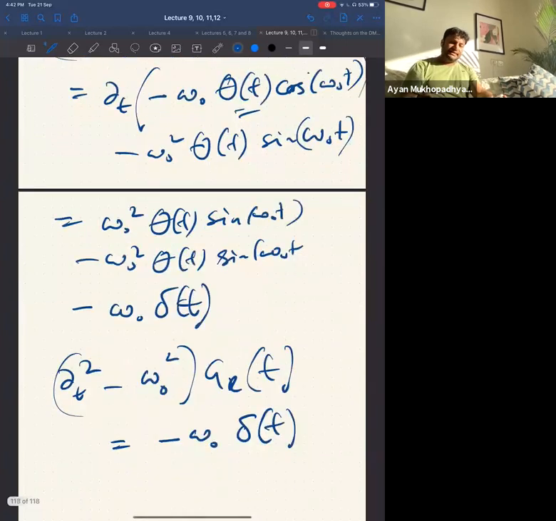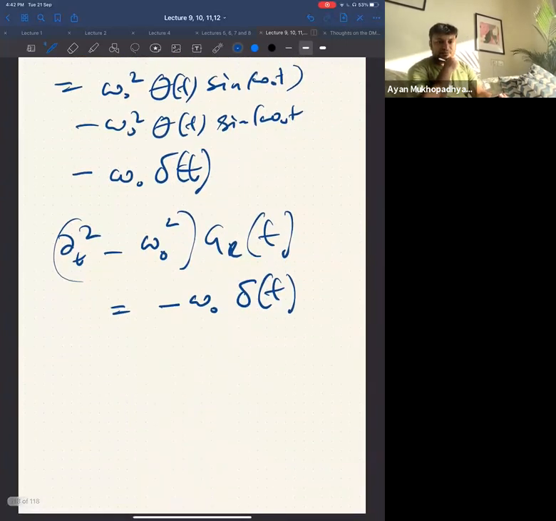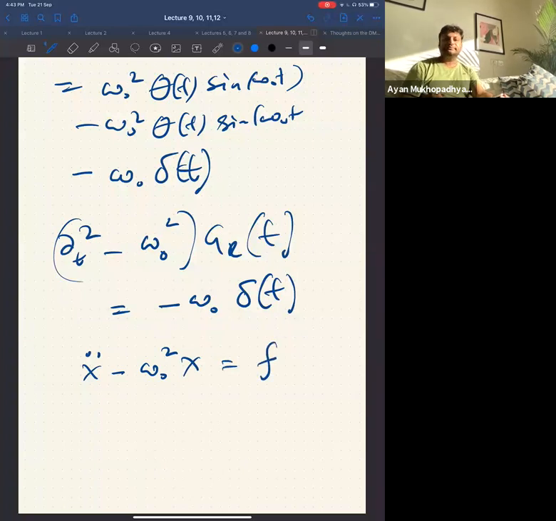So this is the equation that is satisfied by the retarded propagator, right? And actually, this is exactly the classical equation that you should have. When you solve a classical problem, you want to solve x double dot minus omega naught squared x equal to some force.